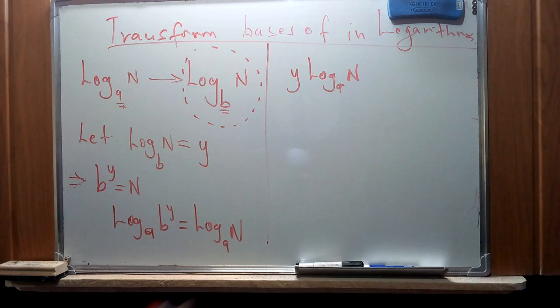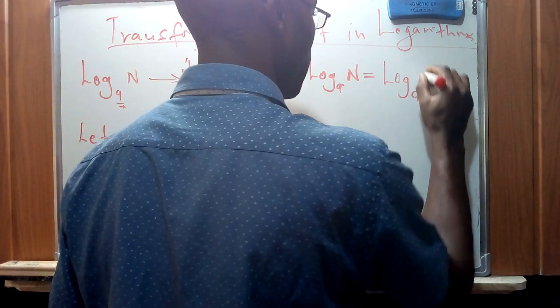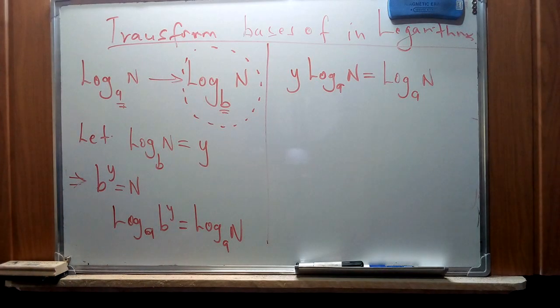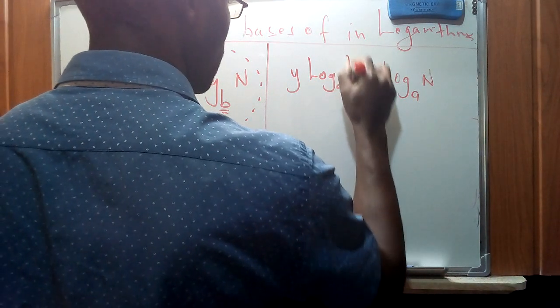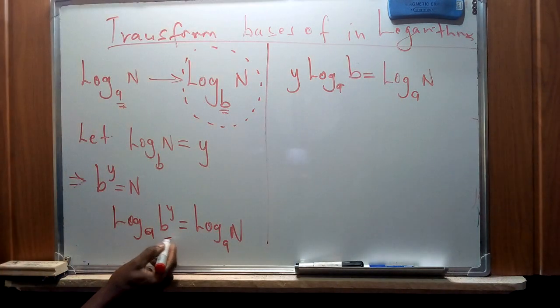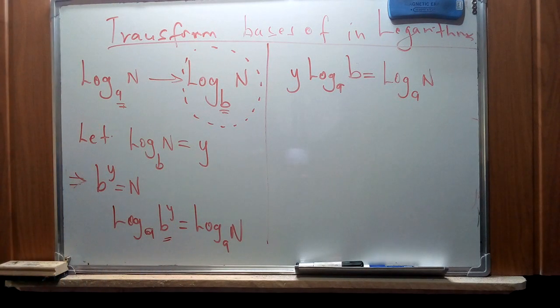So we are going to have y log to base a of b equals log to base a of n. And if we look at that, we are of course having that set of problems. So for the first one, it's actually log to base a of b, which is here. So log to base a of b is equal to log to base a of n.